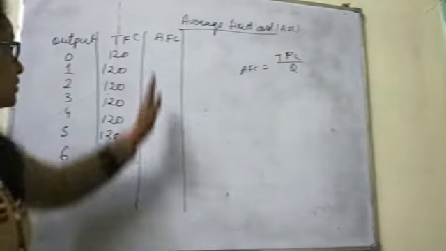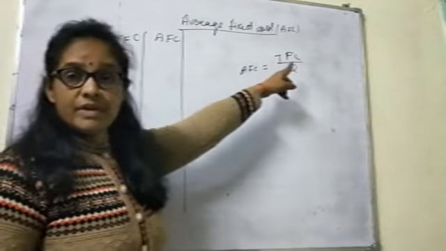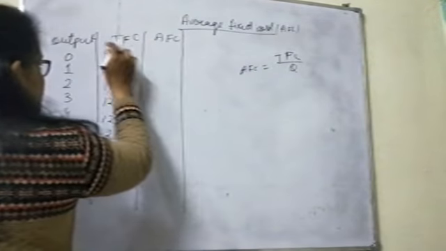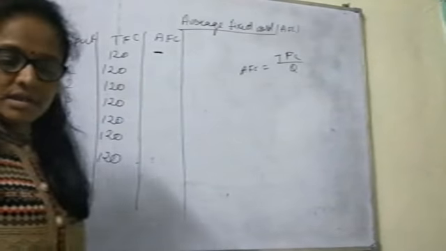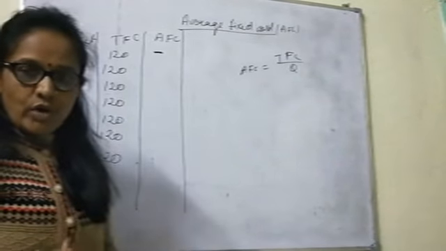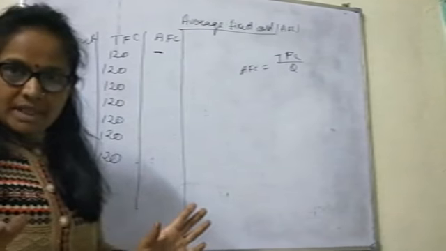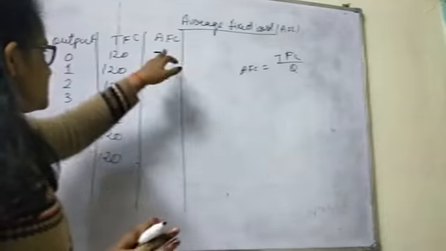Okay, now we need to calculate AFC. Very easy. What is the formula of AFC? TFC upon Q. So here 120 upon 0, we'll write dash. We will not write anything, because 120 upon 0 has no meaning. Therefore we'll write a dash here.